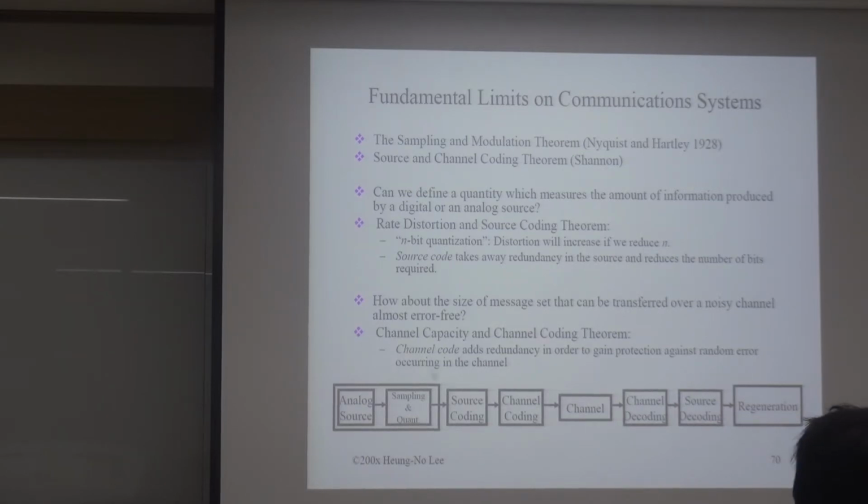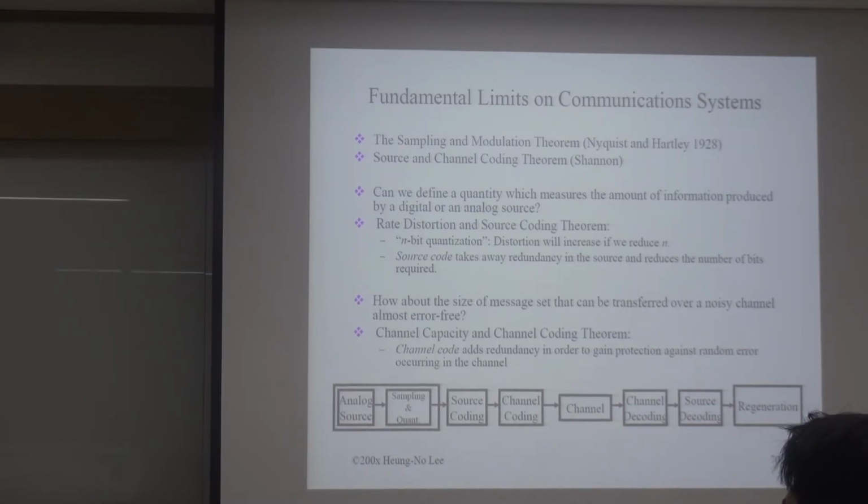Going further to our left, you have the analog information, the analog source. Analog source needs to get sampled and then quantized. After you have done quantization, you can do the bit representation. For example, let's say you have 8-level quantization done.